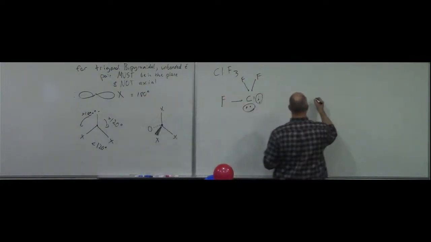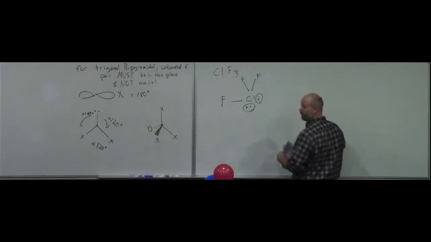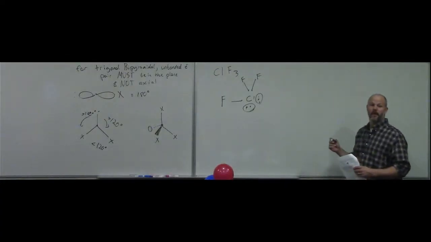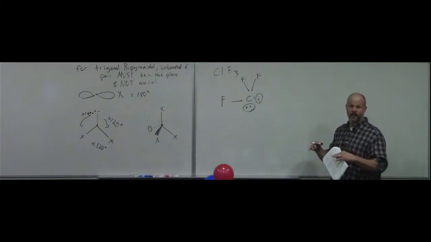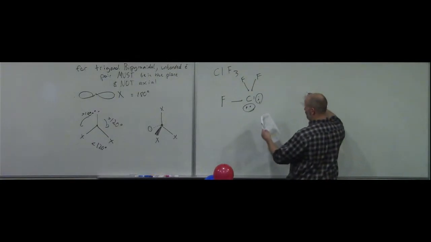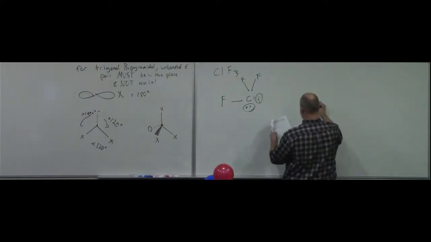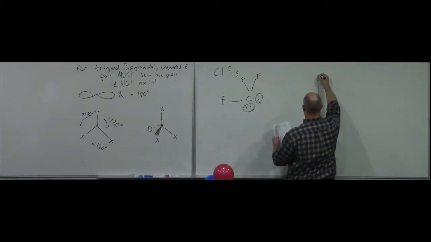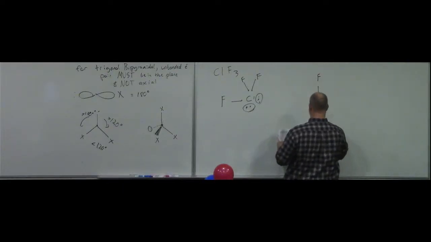So what it's saying is, it's bent, right? It's actually going to be a T. They're going to call it 90 degrees. So what you would have normally is Cl. I can put an F in an axis, I can put an F in an axis, I can put an F in a plane.